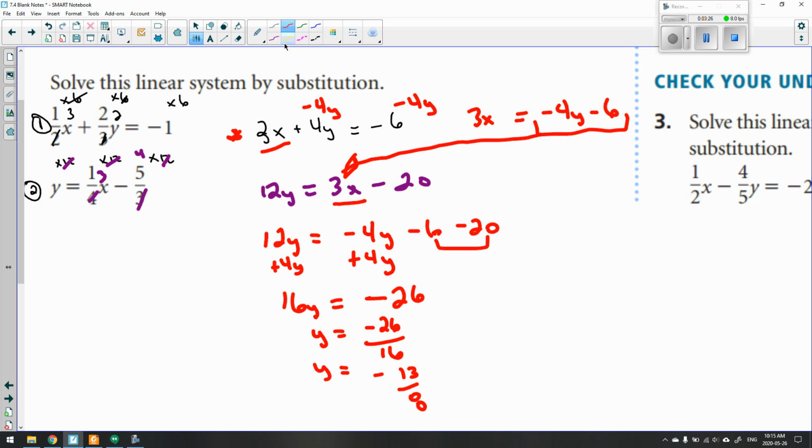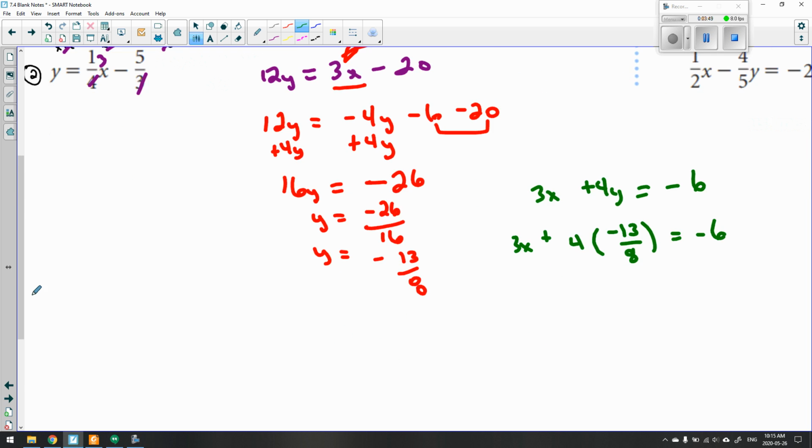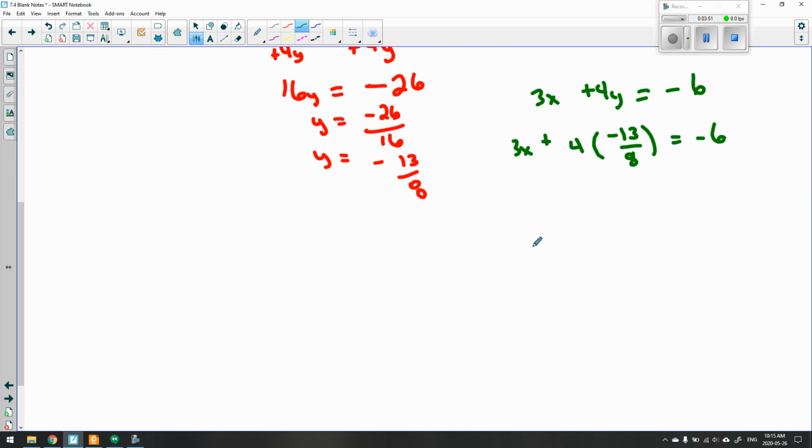So we get 3x plus 4y is equal to -6. So we take our value for y and plug it in. And then we can simplify this to 2 there.